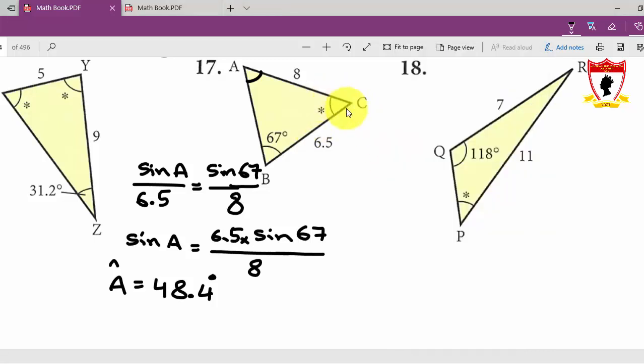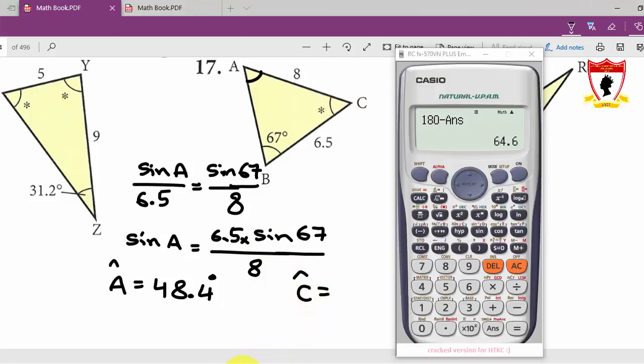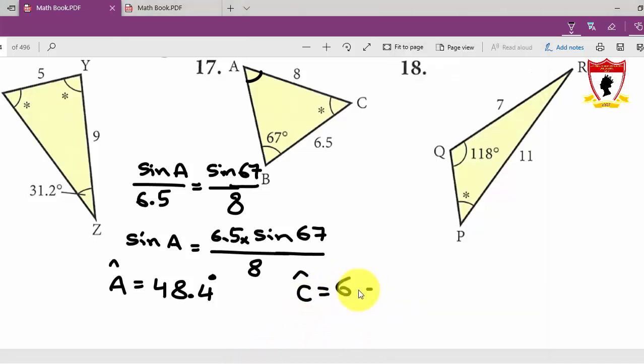So angle C, which is required in this question, is 64.6 degrees. If the question asked for the side c small, then we could use the sine of this angle, c small over the sine of this angle is equal to 8 over the sine of 67, just like the previous questions, like question 1, 2, 3.